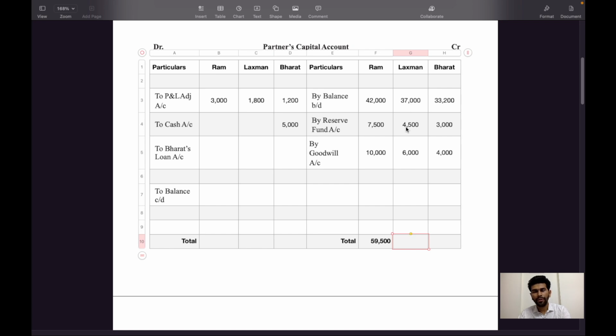Lakshman: 37,000 plus 4,500 plus 6,000 rupees, 47,500. Bharat: 33,200 plus 3,000 plus 4,000, 40,200. It will be shifted to debit side.